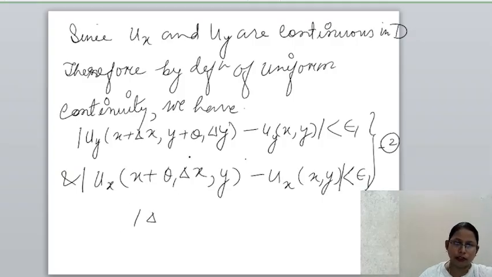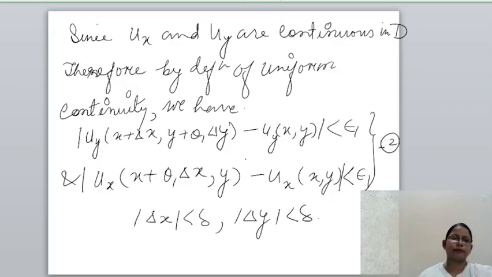Correspondingly, here my interval is delta x, here my interval is delta y, with delta x less than delta and delta y less than delta. Here my interval is x comma x plus delta x, here my interval is y comma y plus delta y.